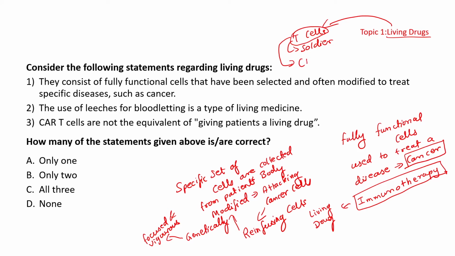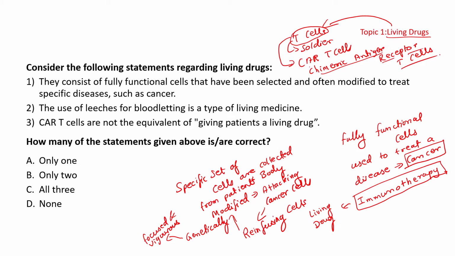Generation of CAR T cells, that is chimeric antigen receptor T cells. And they are in a way protectors of the body's immune system.